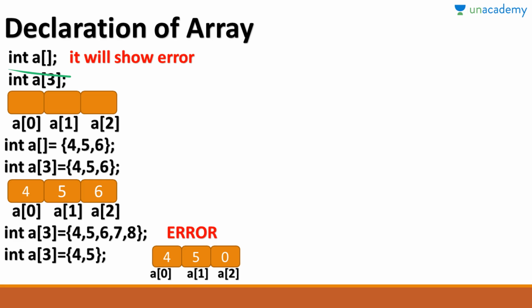Now if I am taking int a[3], so indexing will start from a0, then a1, then a2, so it will create three blocks.